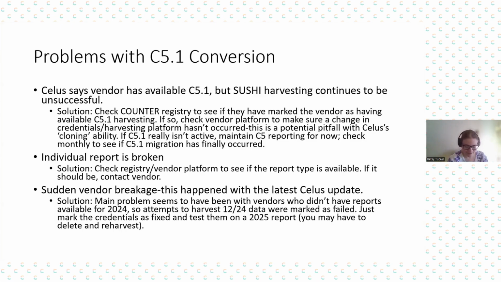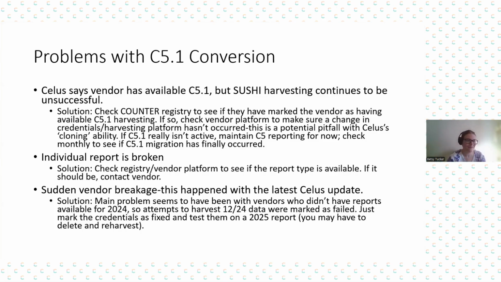And so a couple weeks ago, when CELUS updated to its latest iteration, there was a sudden breakage of several vendors. And it seems like the main problem there was that CELUS's automatic check harvest of new credentials goes back 24 months. And for many vendors, they don't have data before January 2025. So the December 24 report would fail.